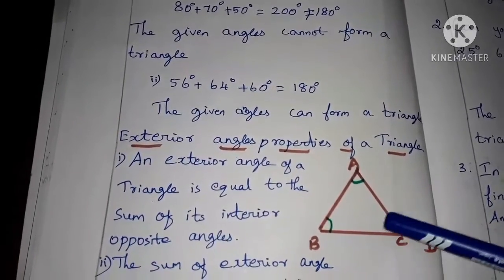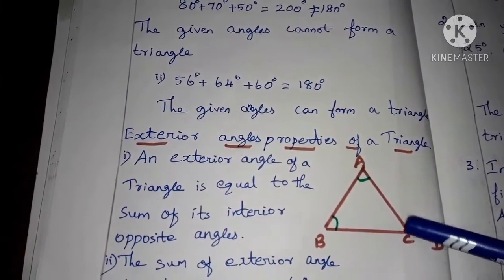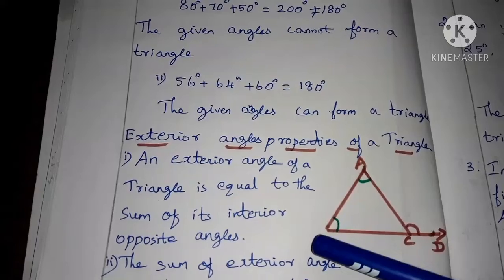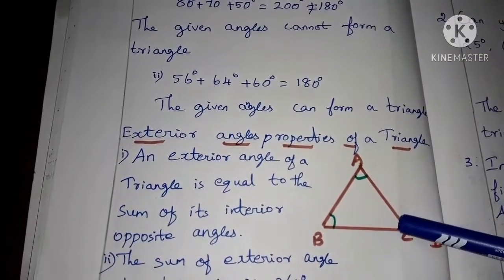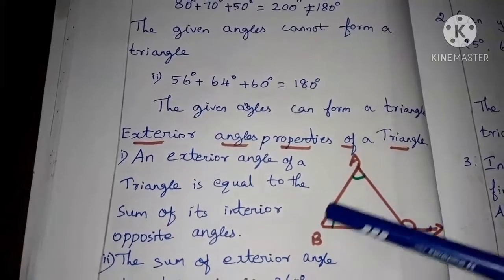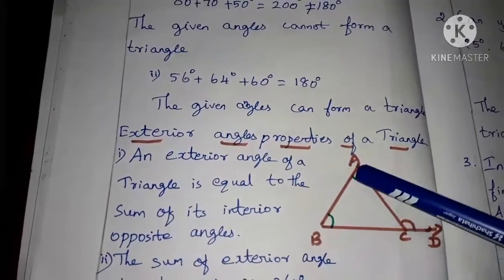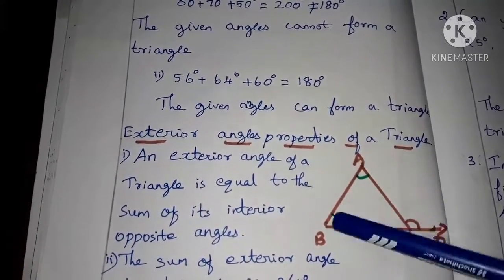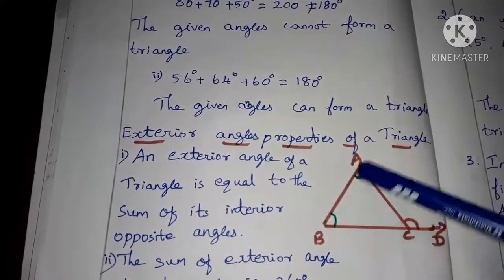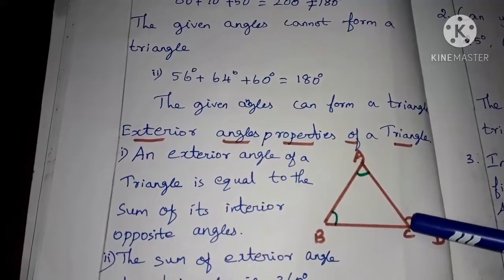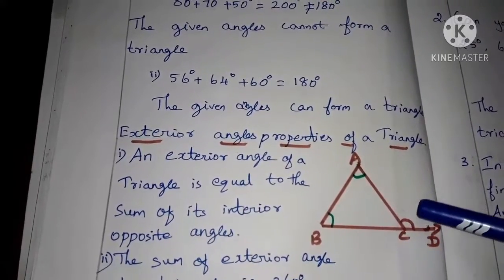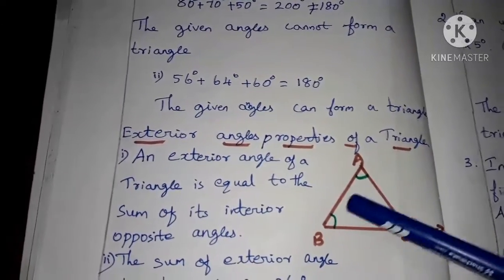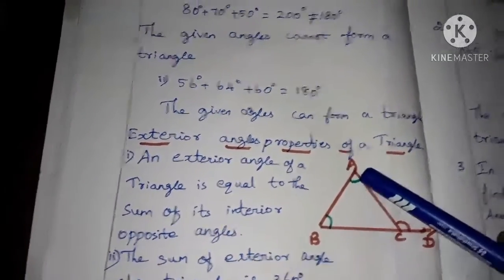The exterior angle comes on this side, and the opposite two angles are the interior opposite angles. The sum of these two interior angles is equal to the exterior angle.